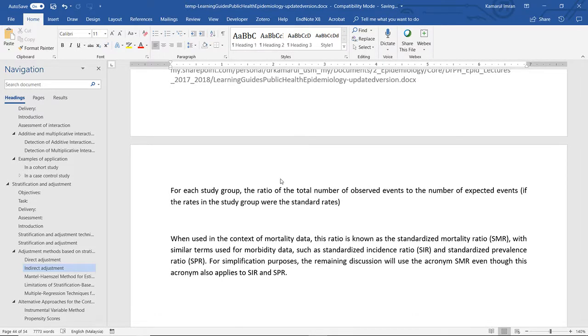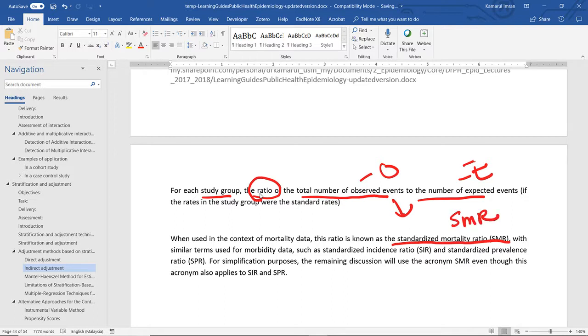Next, for each study group, you get the ratio of the total number of observed events to the number of expected events. What you get is called the standardized mortality ratio, or in morbidity data, the standardized incidence ratio or standardized prevalence ratio.